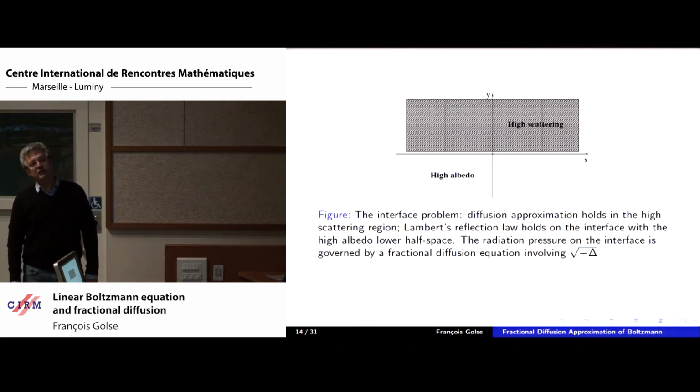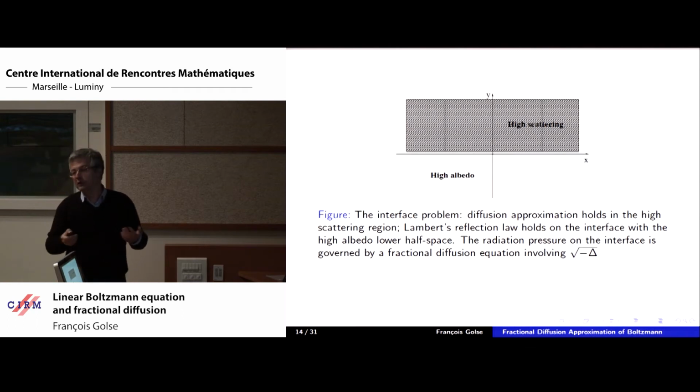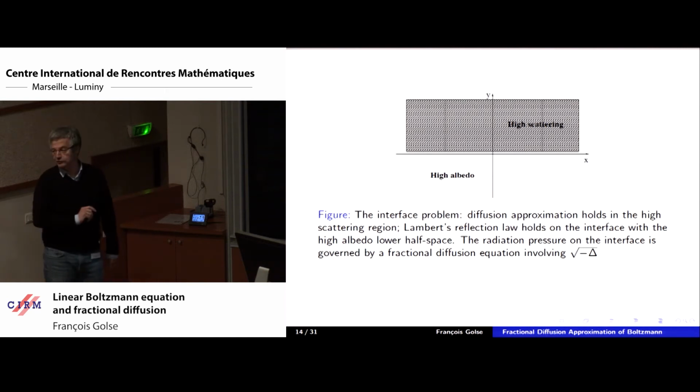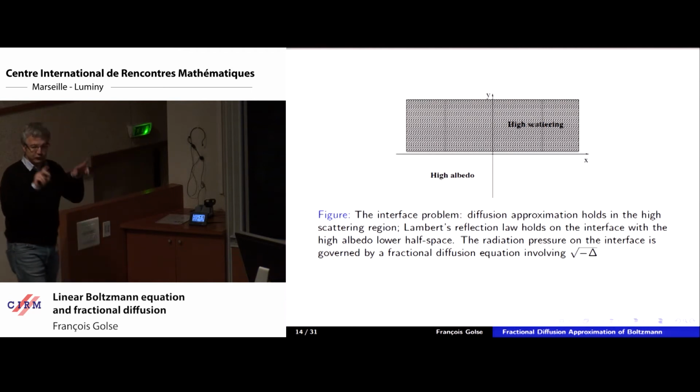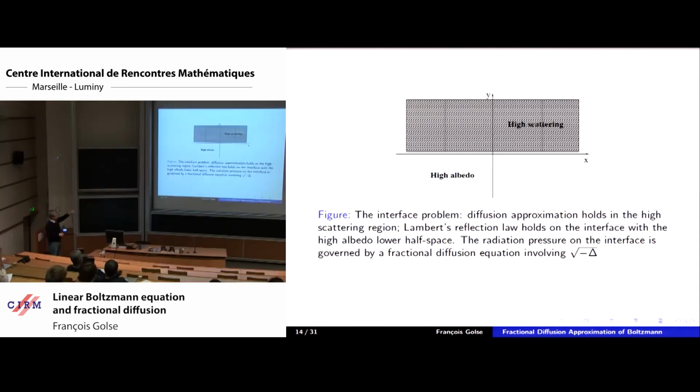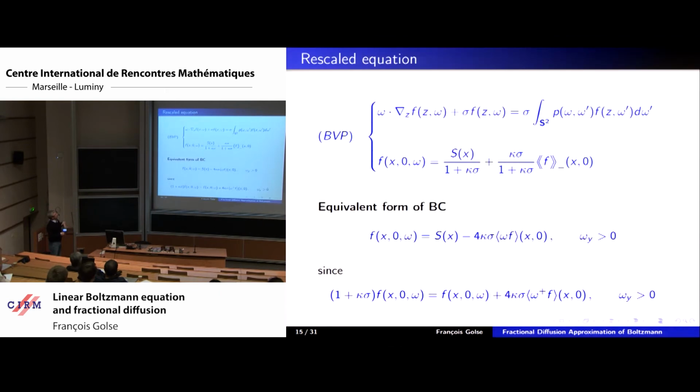And we have to see that the Lambert reflection law on the interface will be somehow equivalent to the fact that the radiation pressure on the interface is going to be governed by a fractional diffusion equation involving the square root of minus the Laplacian, right? So that's, if you want, the physical interpretation that you want to have behind the asymptotic limit that I'm looking for, right?